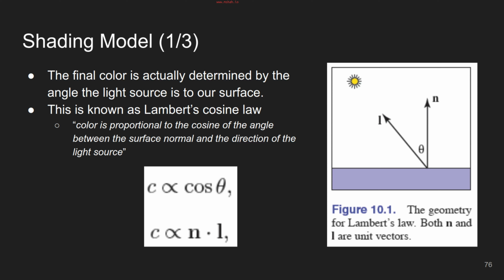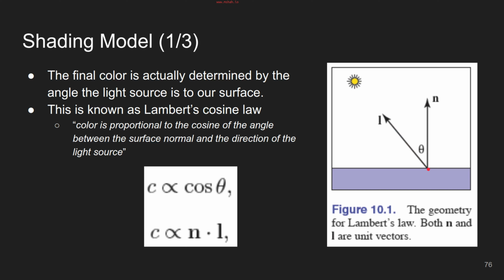What we're going to start moving into is building a framework with some more advanced lighting, where we want the final color of our triangles to be determined by the angle at which the light source is hitting that surface. So here's the normal to some flat surface, and here's the angle the light is coming in. Depending on the angle, we use our tool, the dot product: the normal dotted with the vector from the light source.